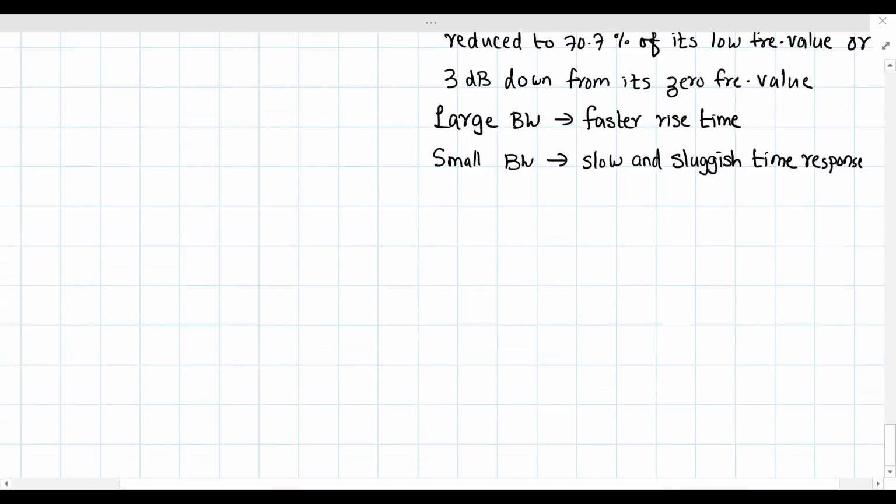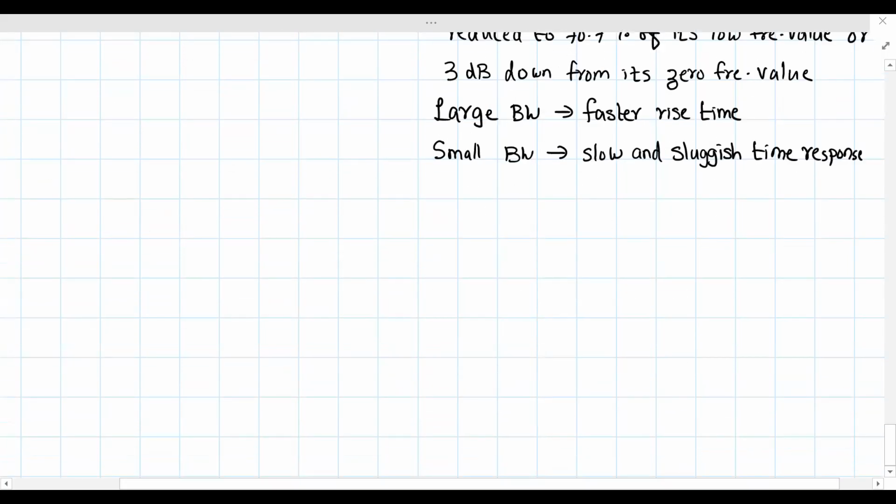Next, frequency domain specification is what is called gain margin. What is gain margin?